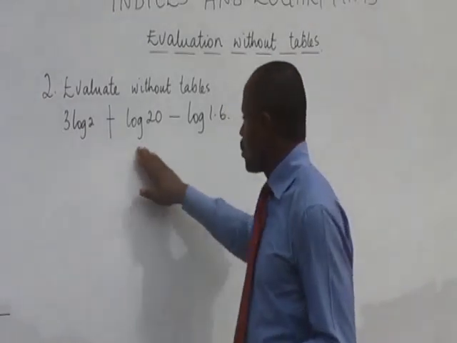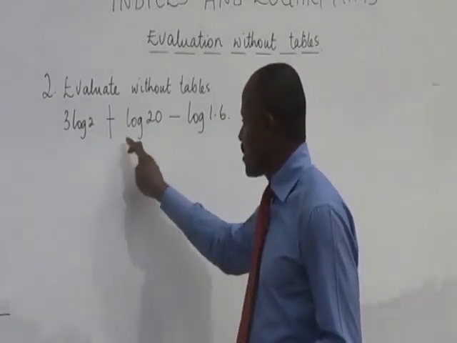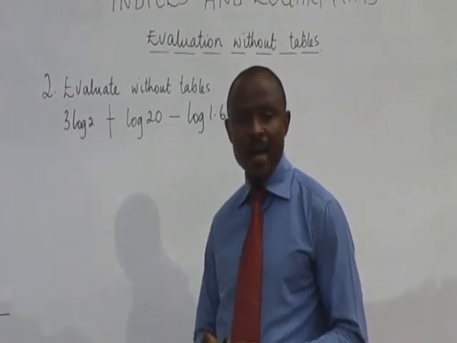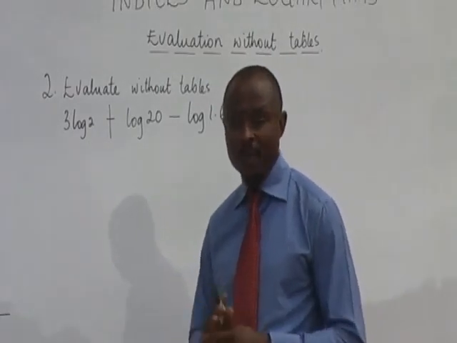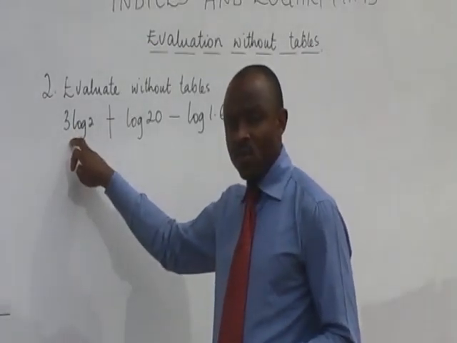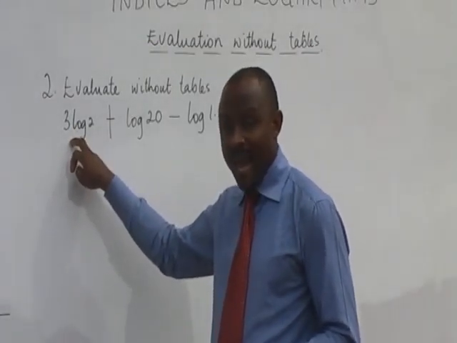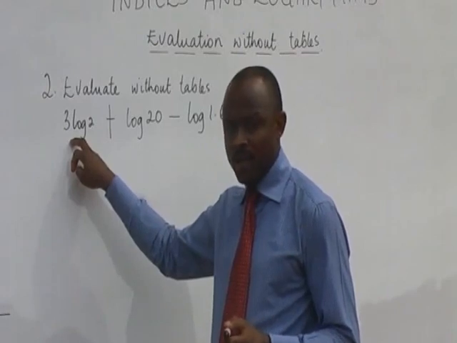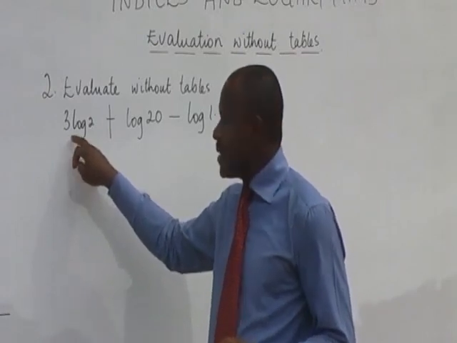So these logs, as long as they have no base, are on base 10. We are going to change this to an index form, applying the third law of logarithms.